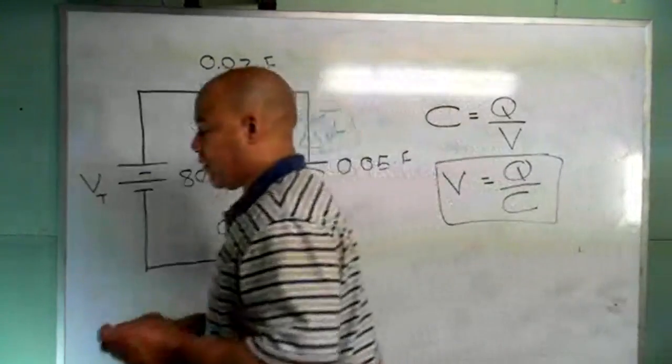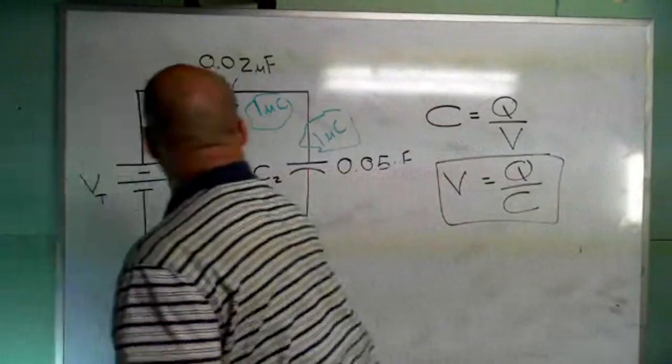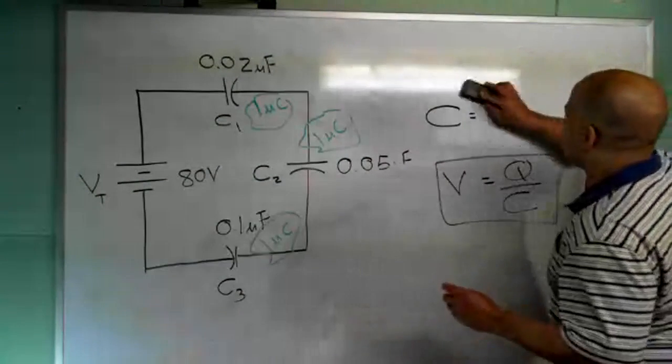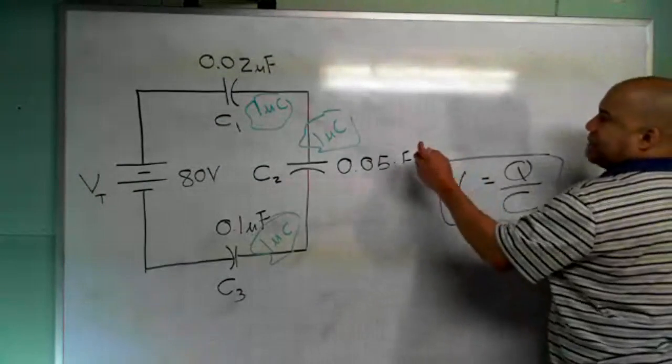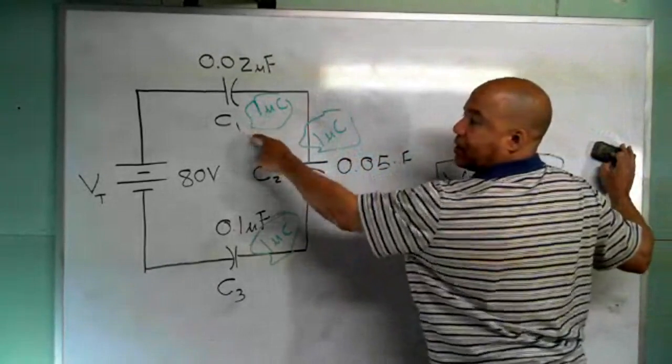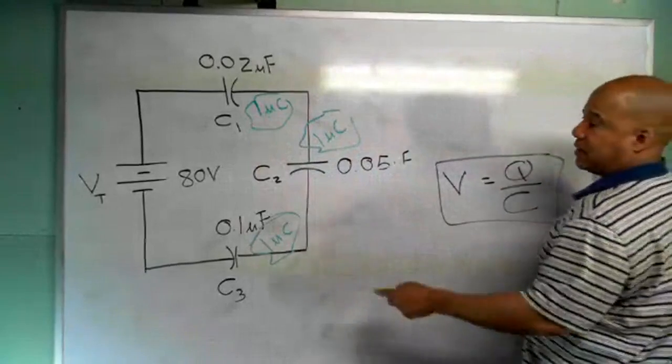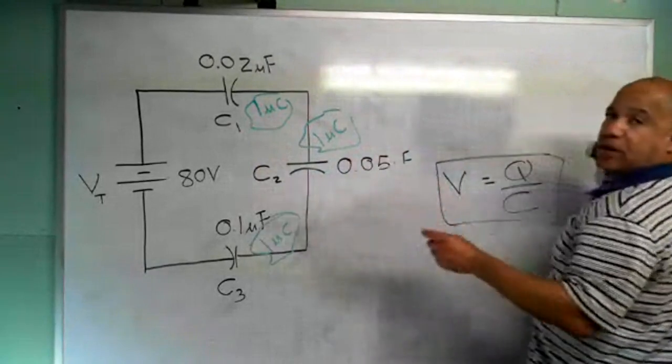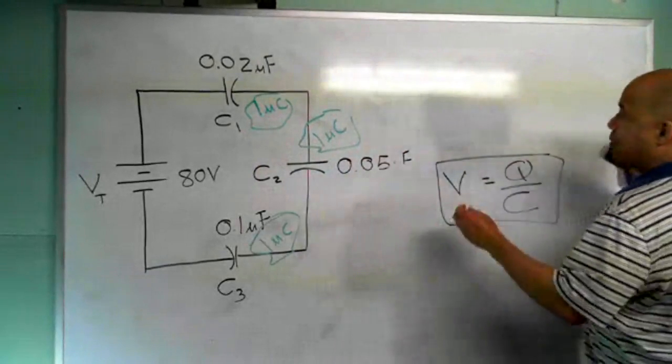I want the voltage for each and every capacitor. I named the voltage across each capacitor after its capacitance. This is C1, the voltage across it is V1. This is C2, the voltage across it is V2, and so forth.